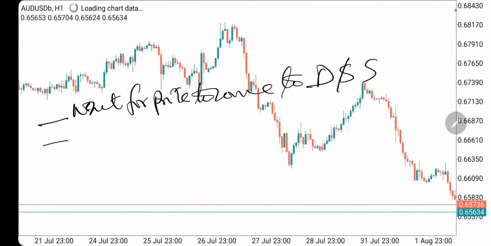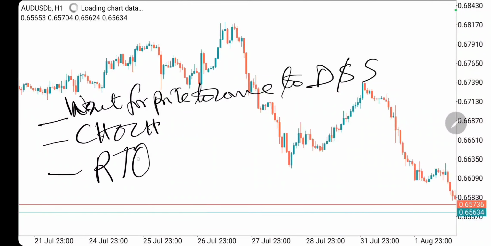Once the price has come to that zone, you wait for a change of character. And we have said that change of character is a break of structure that occurs at a supply or demand zone. So when there is a change of character, we wait for price to return to the order block that triggered the change of character, and then we get into the trade. That is the confirmation entry.